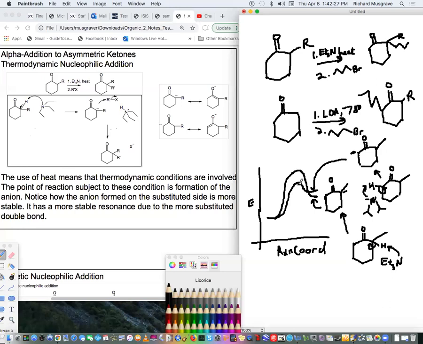So that makes that the kinetic product, the one that's going to be formed at low temp. This one ends up being the thermodynamic product, because it produces the more stable anion.